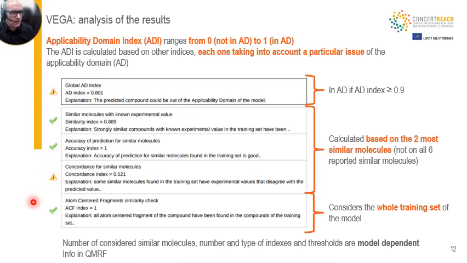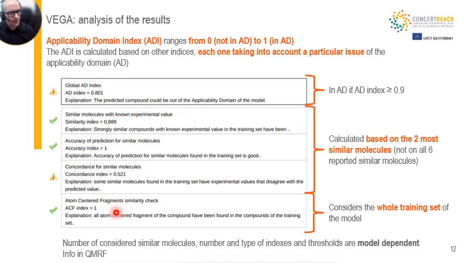For this model, VEGA evaluates how similar are the 2 most similar molecules from the model's dataset, the accuracy in predicting those similar molecules, and the concordance, which means if the prediction generated for the target is comparable to the experimental value available for the similar one. So these 3 parameters are all based on the 2 most similar molecules for this model.